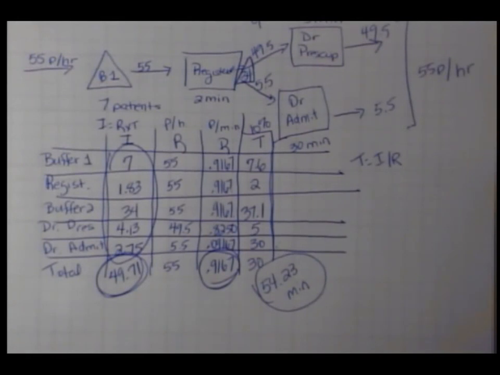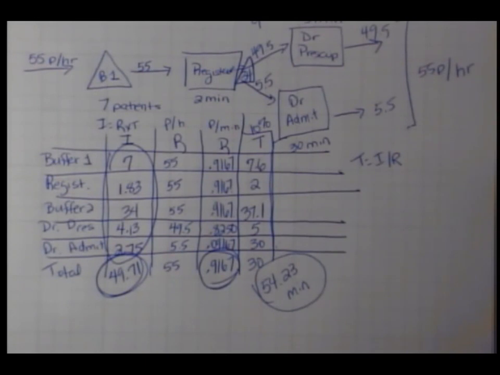Okay. And so the question asks us then, on average, how long does a patient spend in the ER? How long does any patient spend in the ER? 54.23. On average, how many patients are being examined by doctors? How would I determine that? It would be the inventory of the two doctor steps.